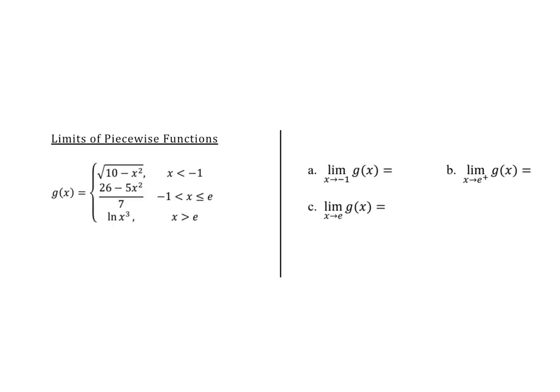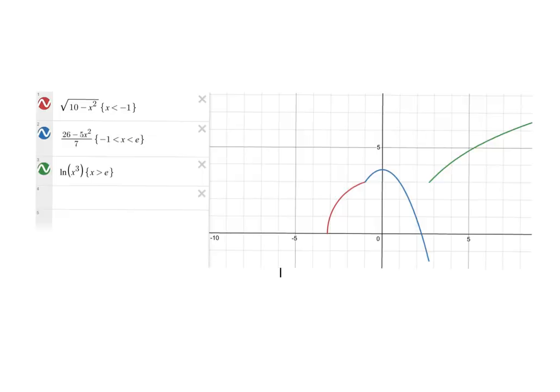Okay, now our final example is using a piecewise function. So first, I want to show you a graph of this piecewise function so you kind of remember what this even means. But the idea is to be able to answer these without the graph. So here I put this piecewise function into Desmos. So we've got the first function, which is this red one, but we only care about it with this restricted domain.